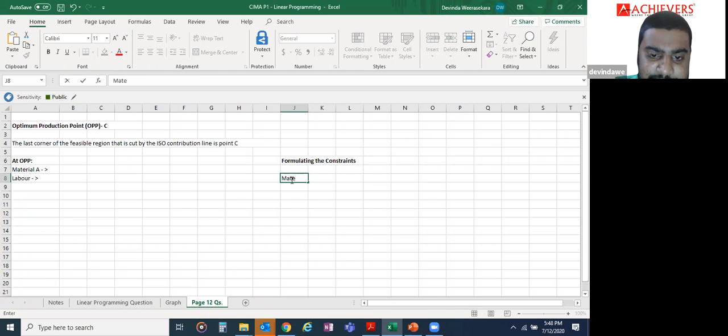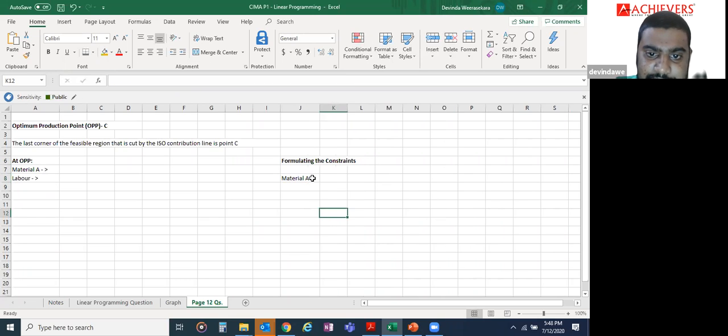Material A. Now, to produce 1 unit of product X, how much of material A do we need?